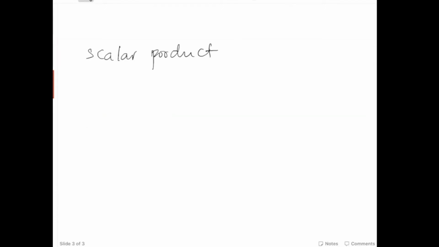The scalar product, also called the dot product of the two vectors u and v, is the multiplication of elements by elements, so the sum of the products of the elements of the two vectors.